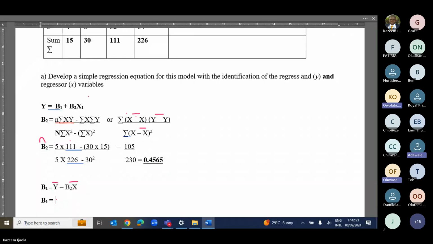I think an estimate has to do with sample. Am I getting it wrong? Correct. So the reason why you are putting the cap is because you've estimated the value of beta one.